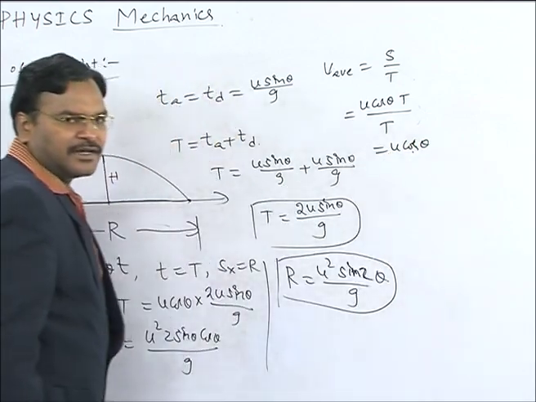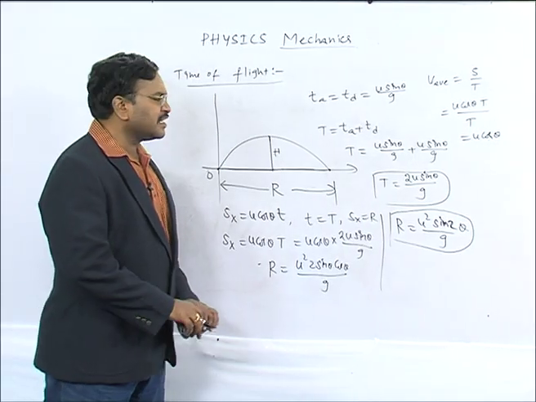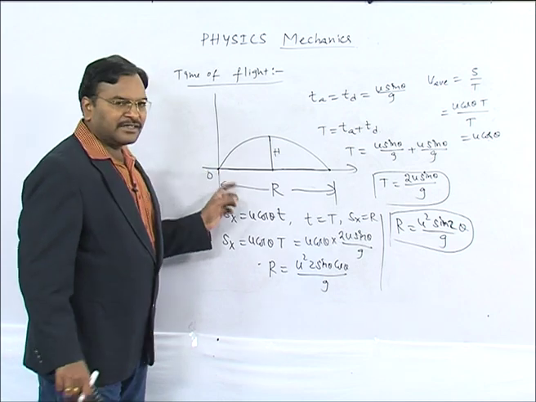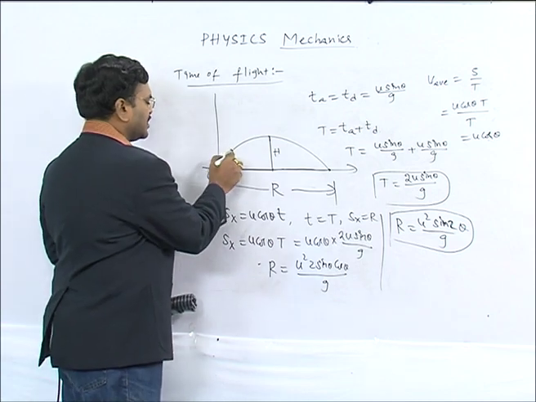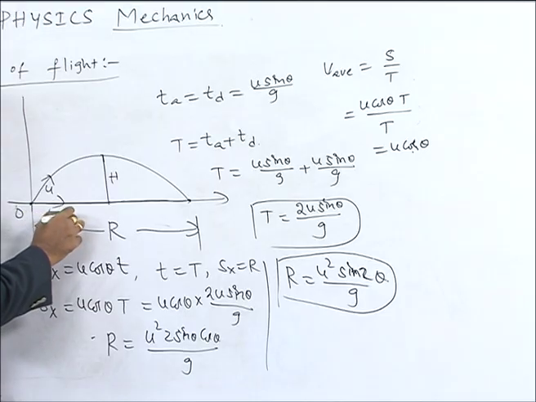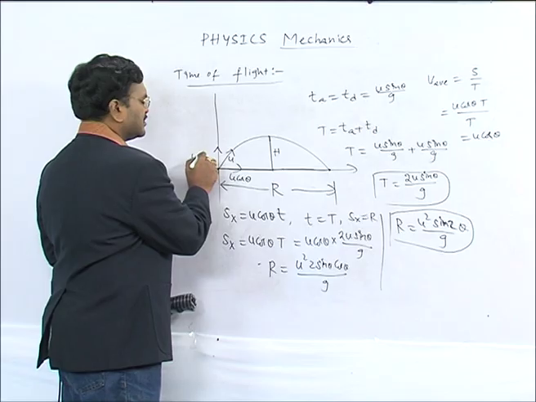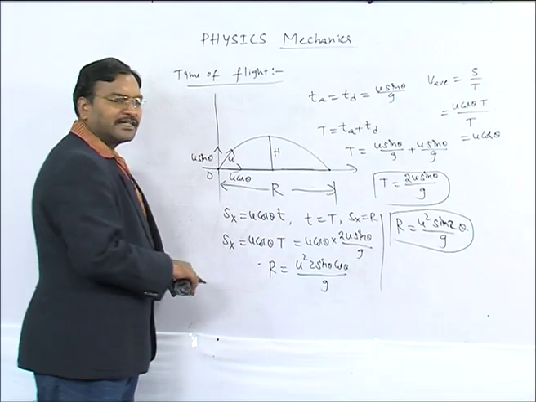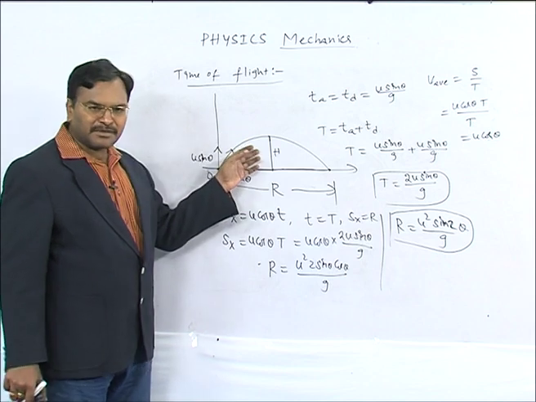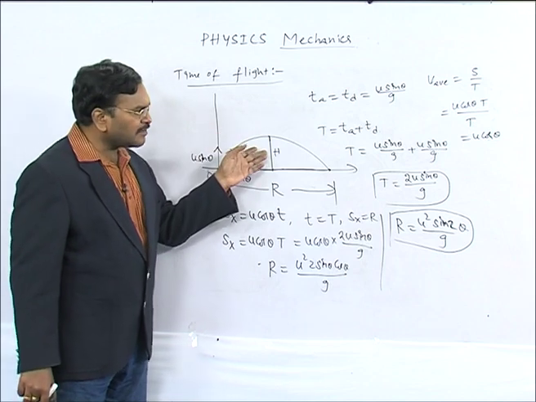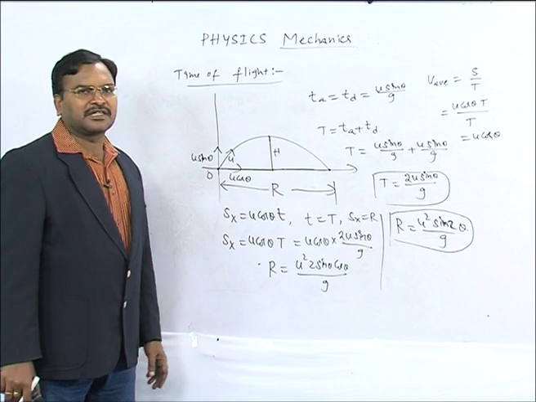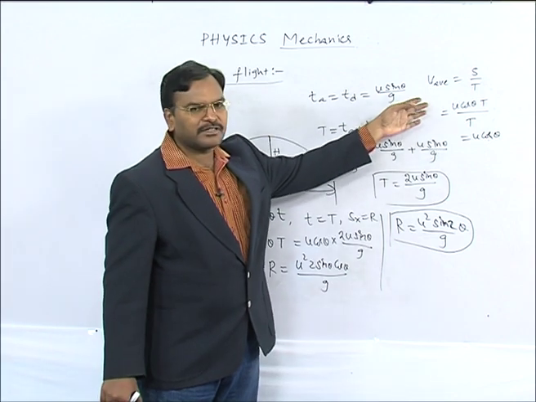So the average velocity of a projectile is U cos theta. Here U cos theta is the horizontal component of velocity, and also the minimum velocity of a projectile, and also what we call the average velocity of a projectile. Average velocity is total displacement by total time.